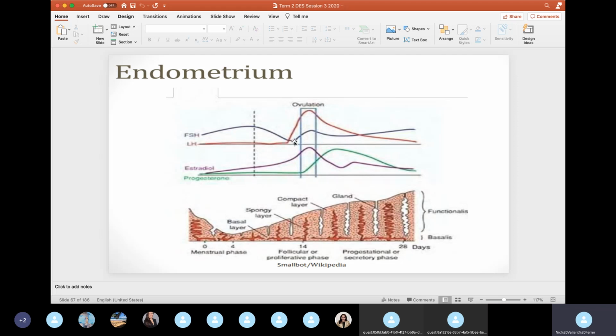Why does the FSH increase during the follicular phase? What's the purpose of the increase in FSH? Stimulate the release of the oocyte from the follicular cell. So you want the oocyte to mature, right? That's why you have an increase in your follicle stimulating hormone.